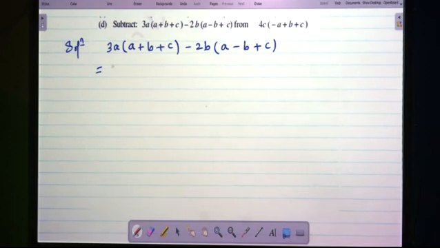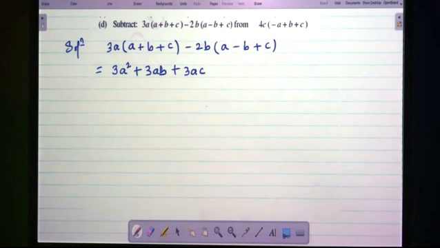3a into a, 3a square, plus 3ab, that is 3a into b, plus 3ac. Now the second expression is minus 2b(a minus b plus c).